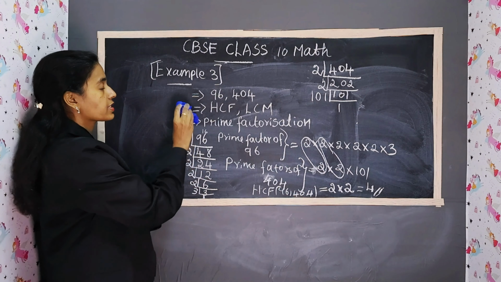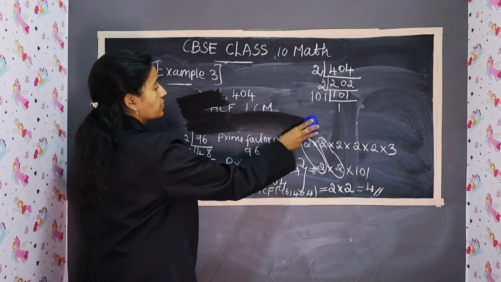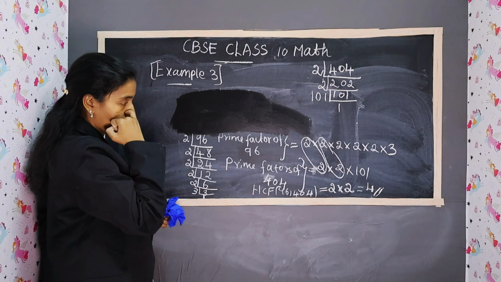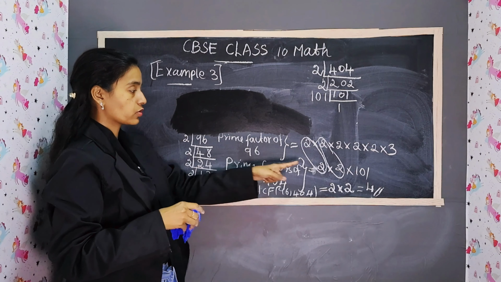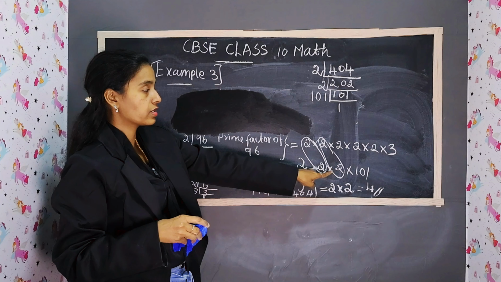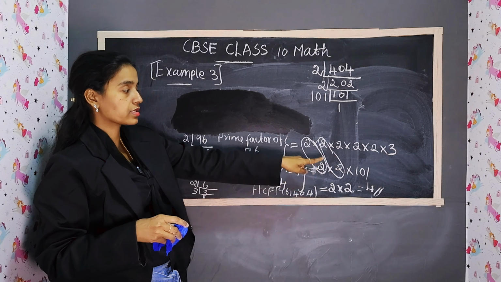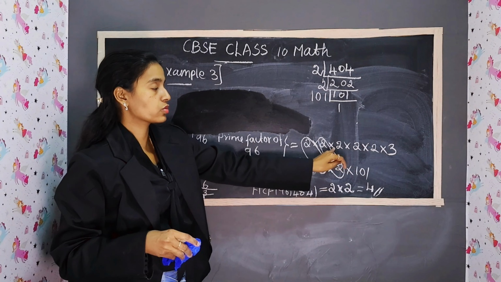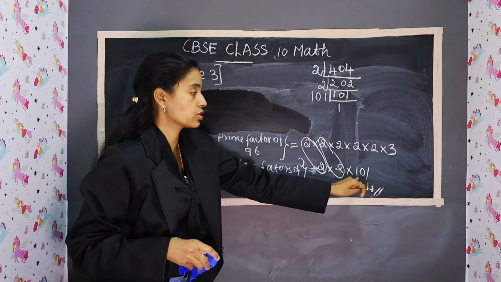And next is LCM. What is LCM? Least common multiple. For that, what you have to do? You have to take 1 2 from here and also 1 2 from here, and we have to multiply this with all other factors. 2 into 2 into 2 into 2 into 2 into 2 into 3 into 101.